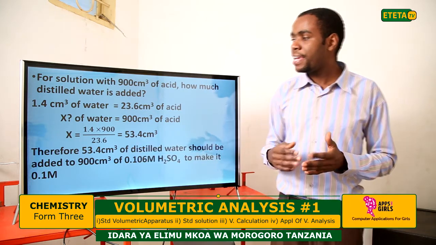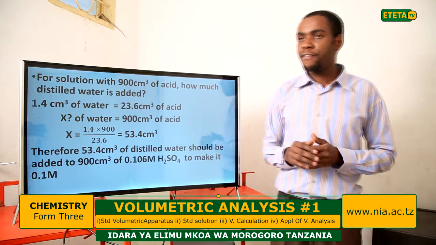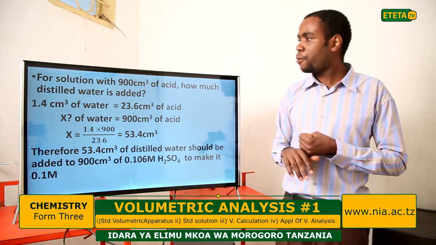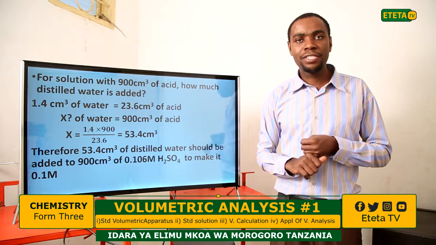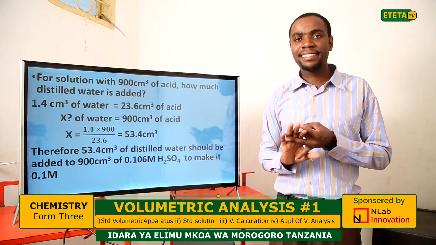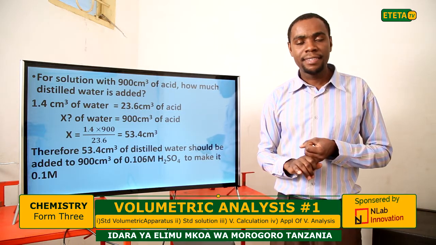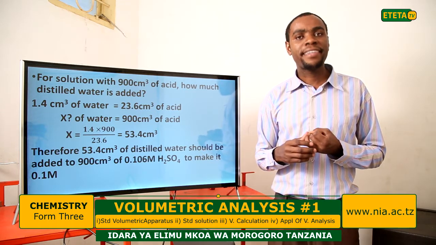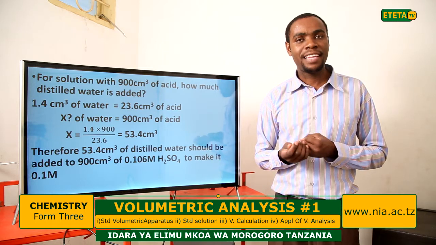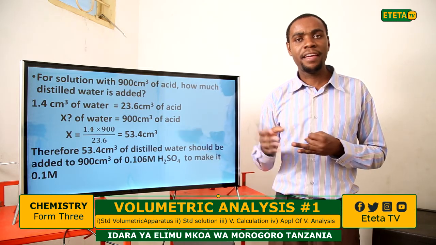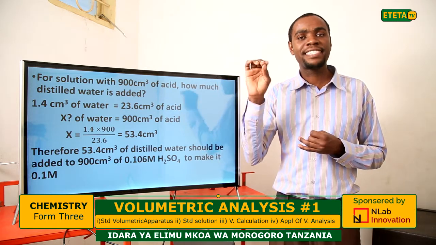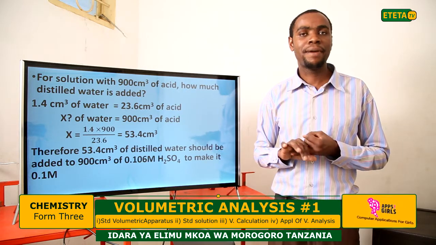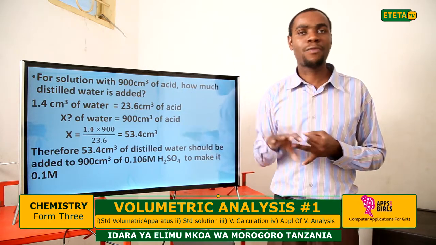Point to remember, in the standardization process, first of all, we titrate the acid which is obtained against a standard base. After that, we find the molarity of the acid after the titrating process, and the molarity which is obtained there must exceed the molarity which is required.